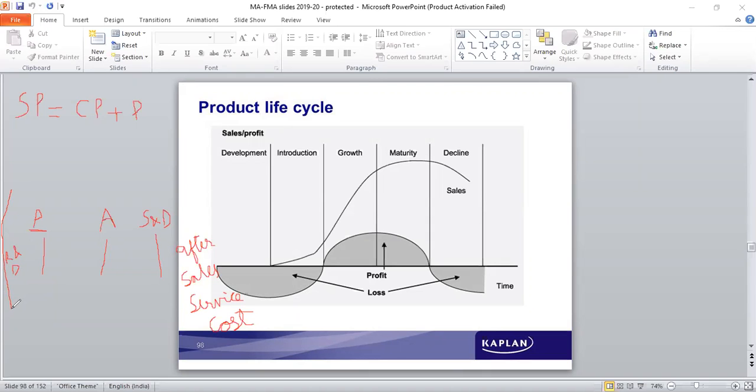What are these after sales service costs? Once the product is sold, the customers are given some assurance that the product works well. There is a guarantee period or a warranty period. During that period, if there is any problem with the product, some free of cost services or repair and maintenance will be provided to the customer.